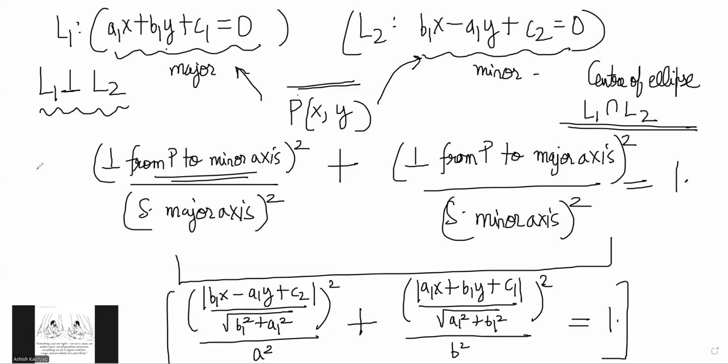And obviously, if the constant A is bigger than B, then this line is your major axis. And if the constant B is bigger than A, then the other line is your major axis. So once you do a couple of questions, you will understand what I'm talking about.